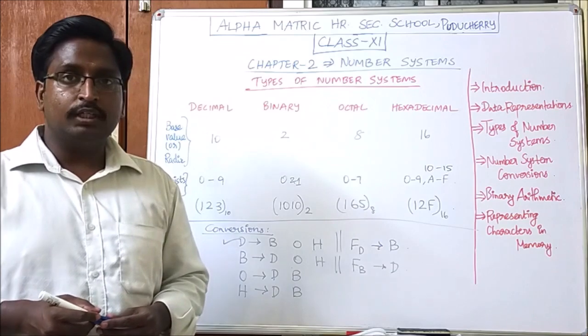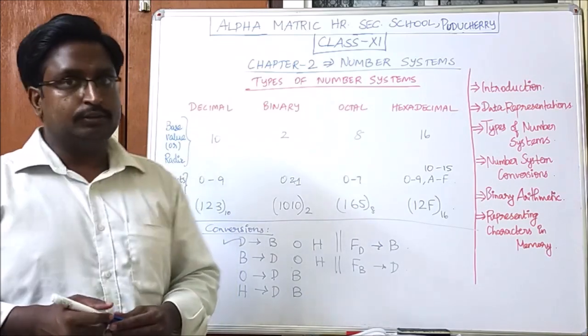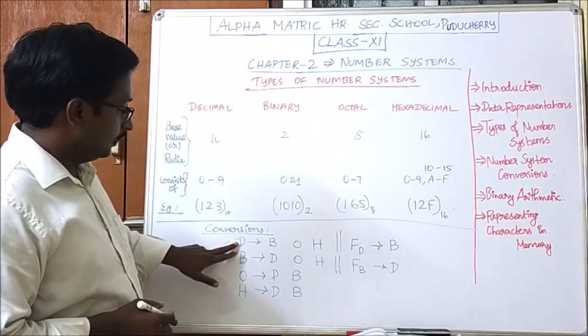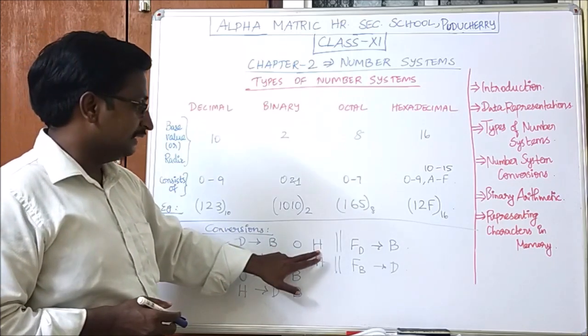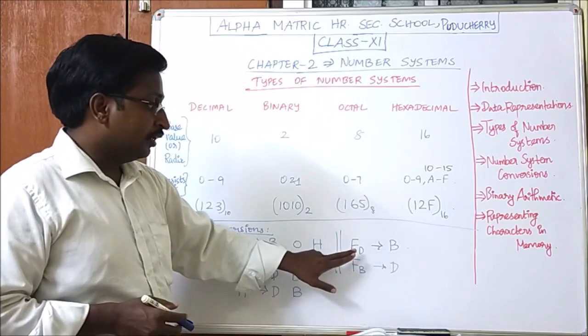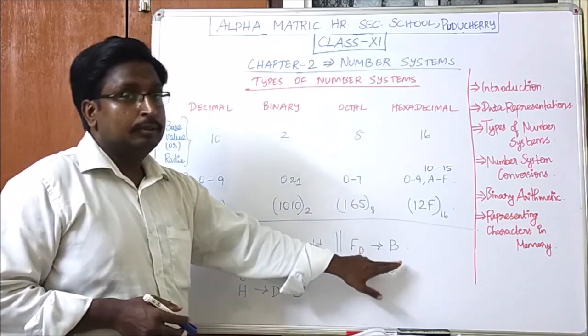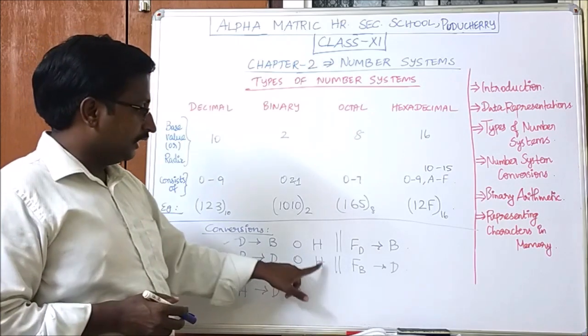Next we will see the number system conversions. In number system conversions, first the decimal number system can be converted into binary, octal and hexadecimal. In addition to that, fractional decimal will be there, that we have to convert to binary. Similarly binary to decimal, octal and hexadecimal.